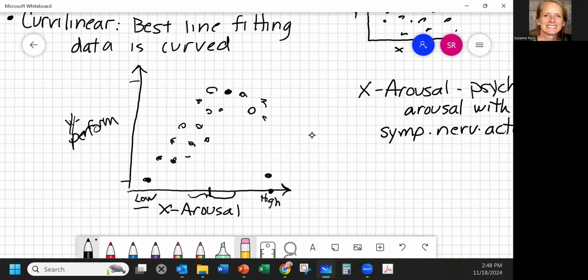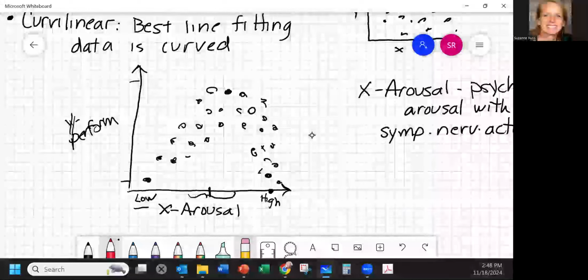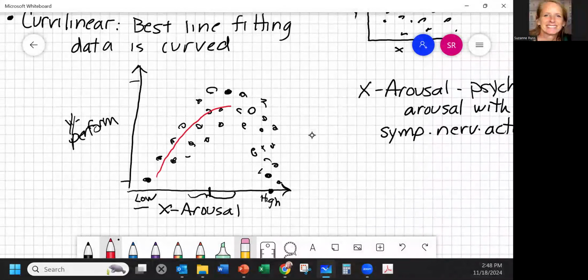If we measure people's arousal and we measure their performance, maybe the distribution looks like this. And we find that the best line to cover all the points can't be straight. It's got to be curved, and maybe it looks something like this. And we call this a curvilinear relationship.